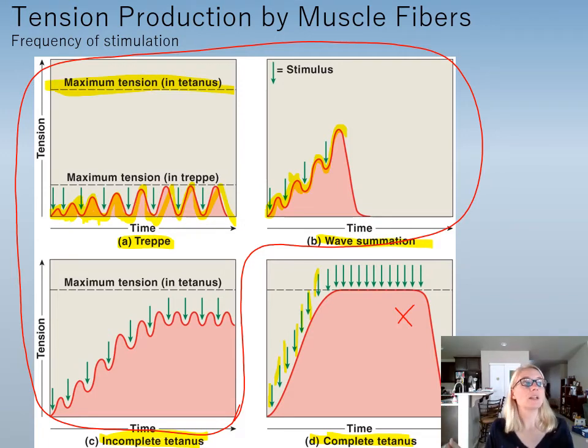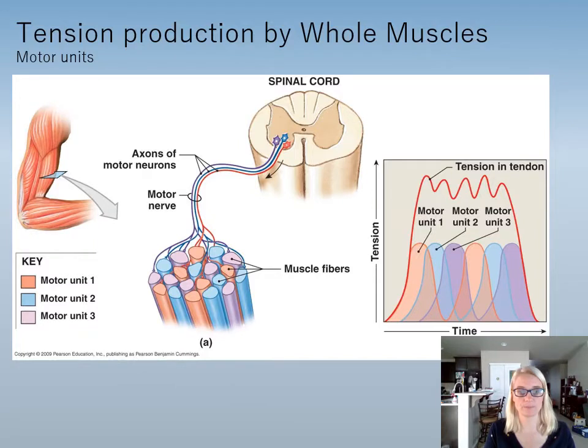So that's the relationship between frequency, how fast those stimuli are showing up, and how much tension individual muscle fibers can produce. Okay, so that's tension at the individual muscle fiber. The length-tension relationship, which is kind of set by your connective tissues, doesn't really change, but frequency is the factor that's going to change the most for muscle fiber tension.